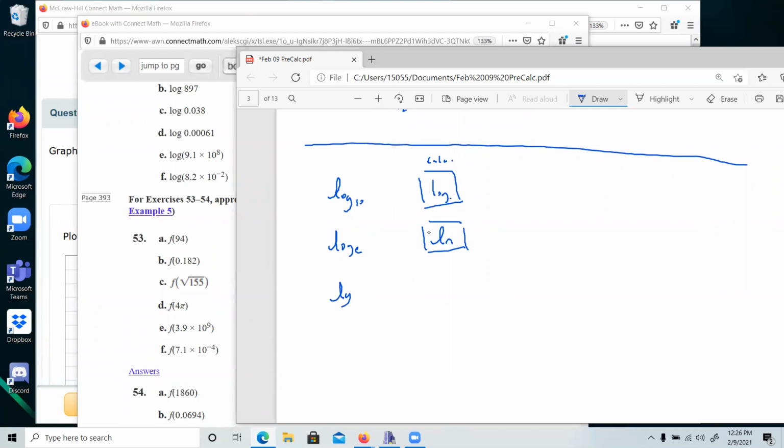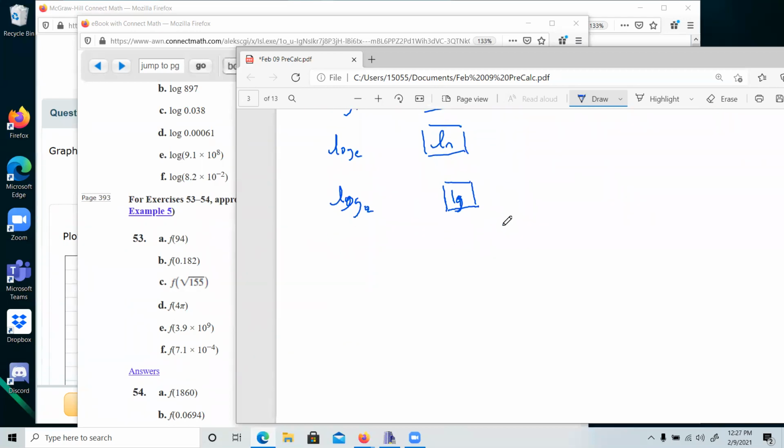If you're going into computer engineering, log base 2, you're not going to find this on a standard calculator, but you might find a button or a function that says LG. It's log base 2, because computers count in 2s. So that's why we do that.